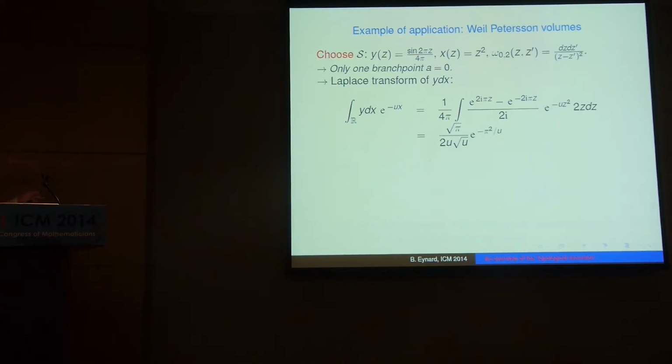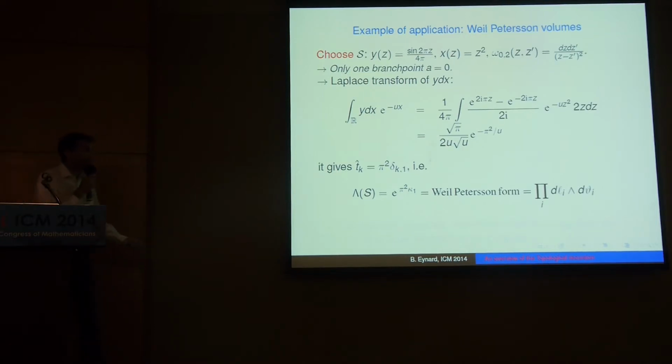And now if you take the log and expand at large u, you find that there is only u to the minus 1 with the coefficient pi square. So it means there is only t hat 1, which is pi square. And it means that our cohomology class is just exponential of pi square kappa 1. But it is well known that exponential of pi square kappa 1 is the Weil-Petersson form, the product of L_i d theta_i in Fenchel-Nielsen coordinates.